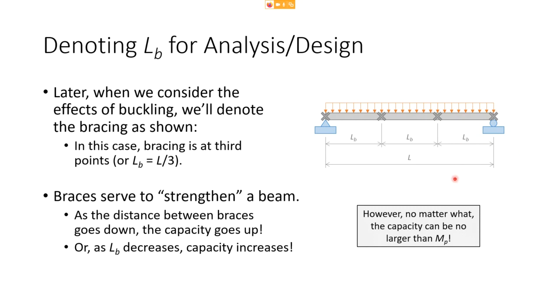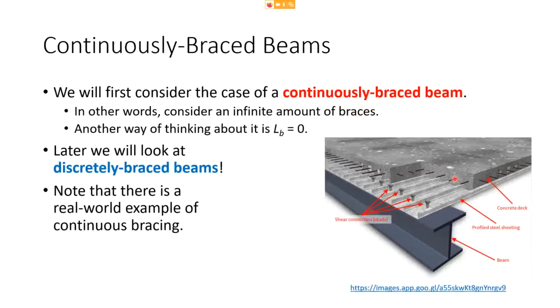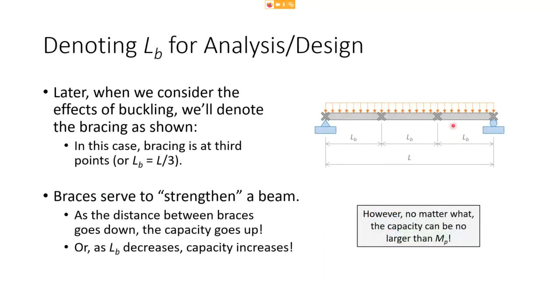Okay? So what we're going to do to start out beam analysis and beam design in this class is assume that the beam is continuously braced. In other words, you could think about it as having an infinite number of braces coming in. This slide has 4 braces, one here, one here, one here, and one here.